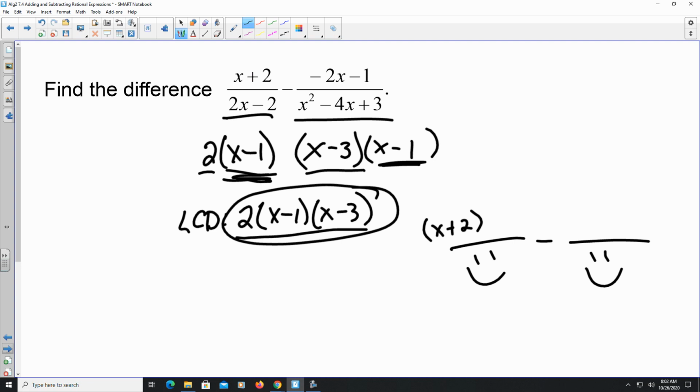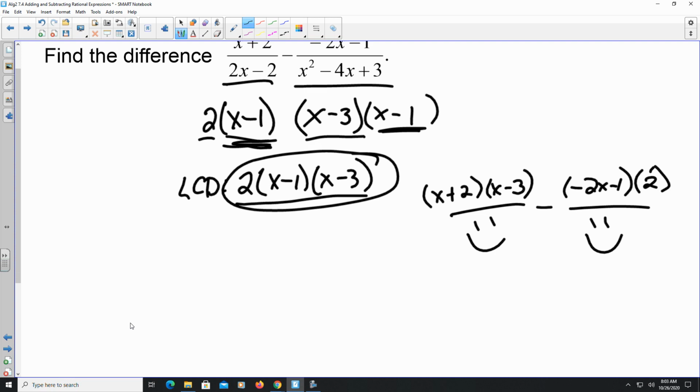So the x minus 3. So x minus 3 is what I have to multiply this top by to keep it consistent. So looking at the second one, I have negative 2x minus 1, and then it's going to be times what did I additionally multiply this by? So 2, yep, x minus 3, already good, x minus 1, I'm already good. So I just have to multiply that second one by 2.